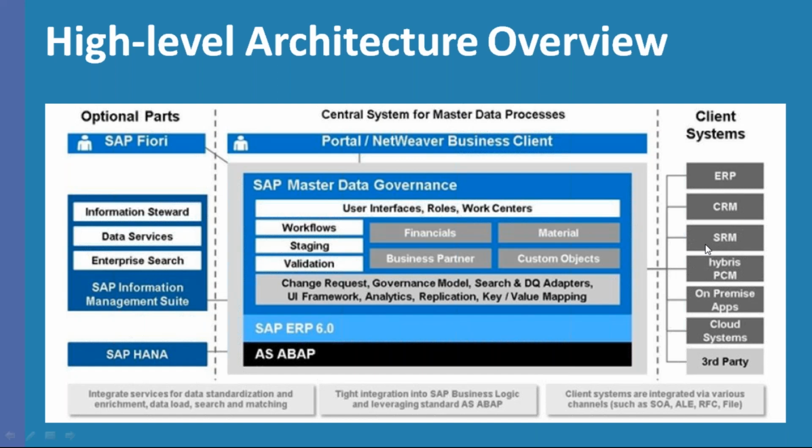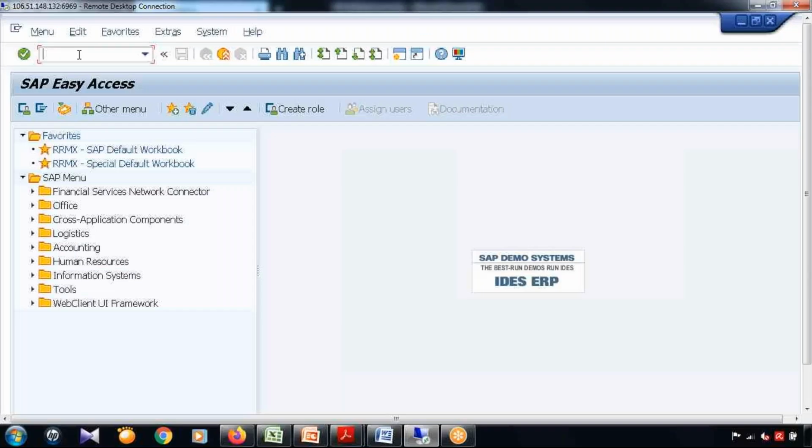Now let me quickly show you how it works, because I have a system with me. This is the MDG system, and you will be provided access. For that, you need to connect with the coordinator, who will share all those details. For this chapter, if you don't have the system, no worries.